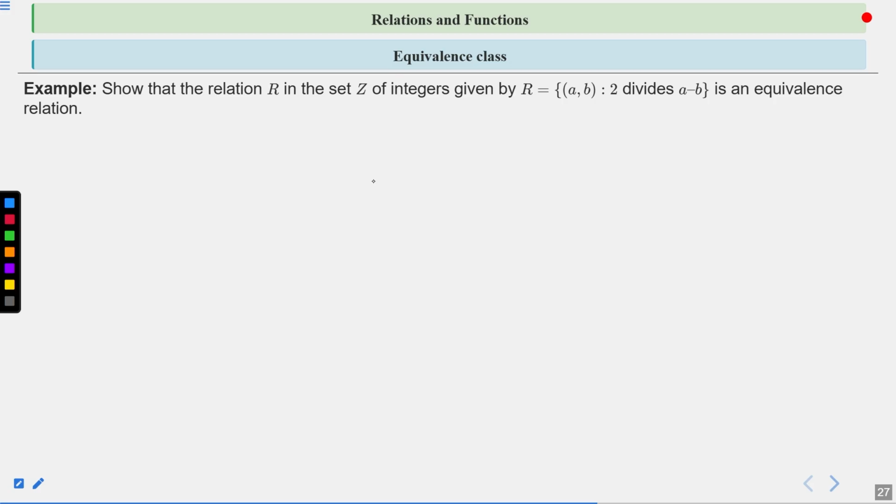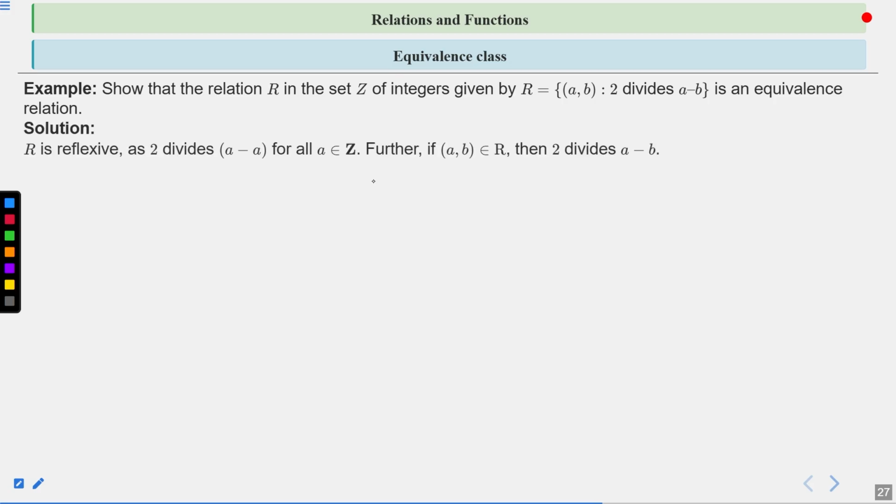So solution, starting with reflexive. What you need to show is simply that the pair (a,a) must belong to the relation R. How are we going to show that the pair (a,a) belongs to R?